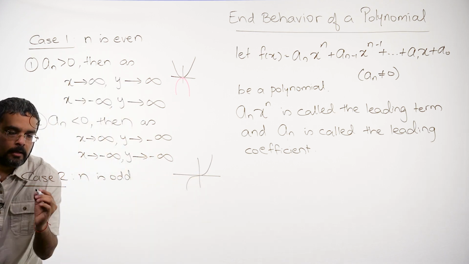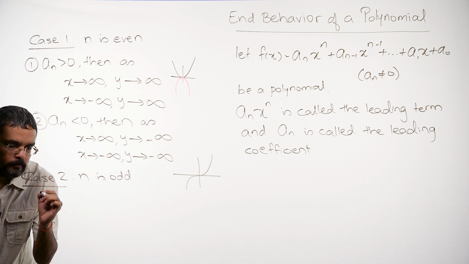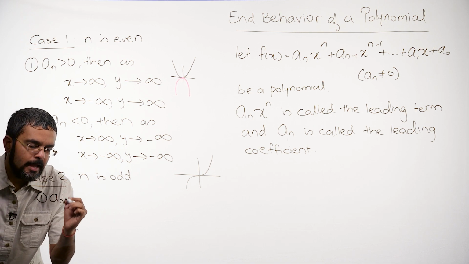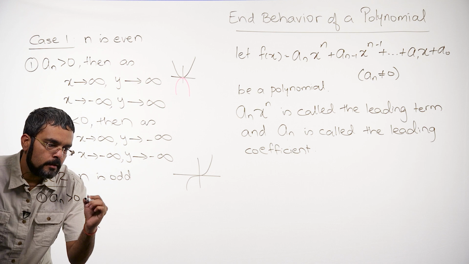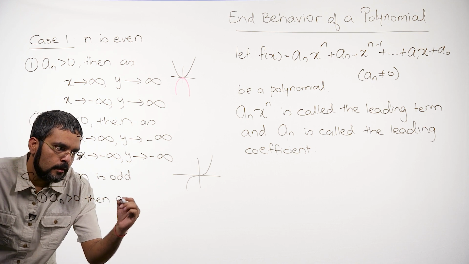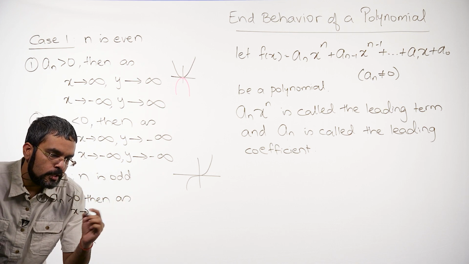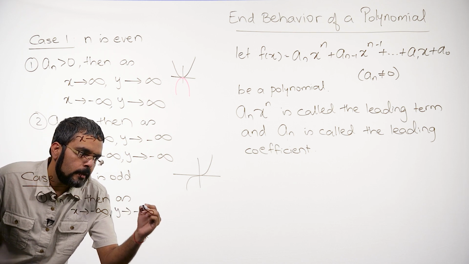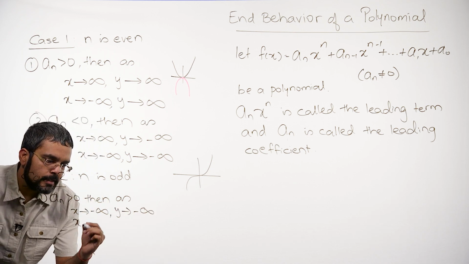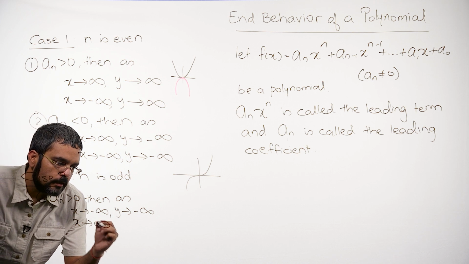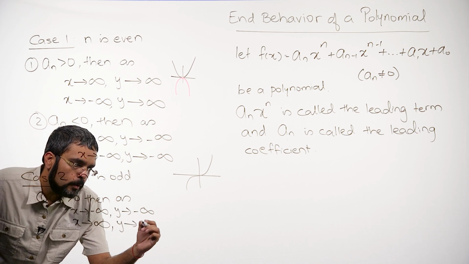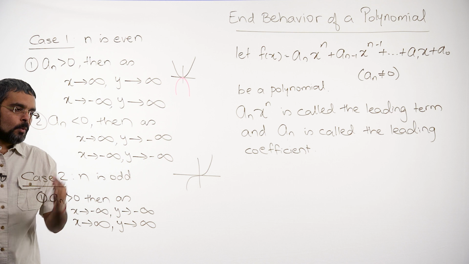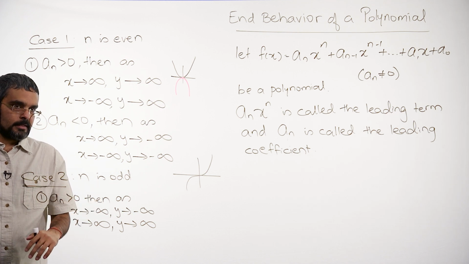So again, two cases. If a_n is positive, then as x approaches negative infinity, y approaches negative infinity, and as x approaches positive infinity, y also approaches positive infinity. So x and y go in the same direction in that sense.